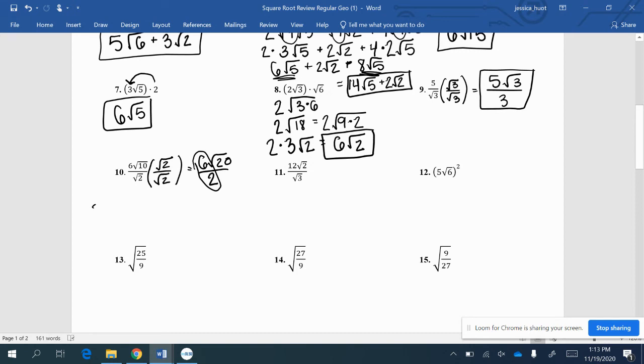So 3 times the square root of 20, but the square root of 20 can be broken up. 4 times 5, so 3 times the square root of 4 times the square root of 5. Square root of 4 is 2, so 3 times 2 times the square root of 5, or 6 square root of 5. Notice how I'm taking this step by step, always showing my work with these.